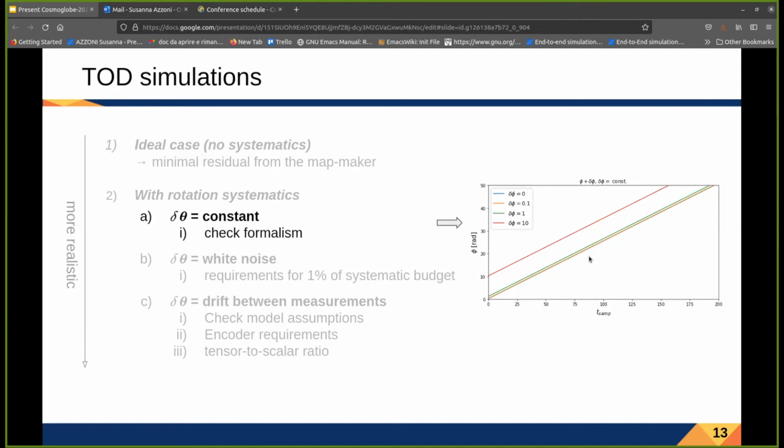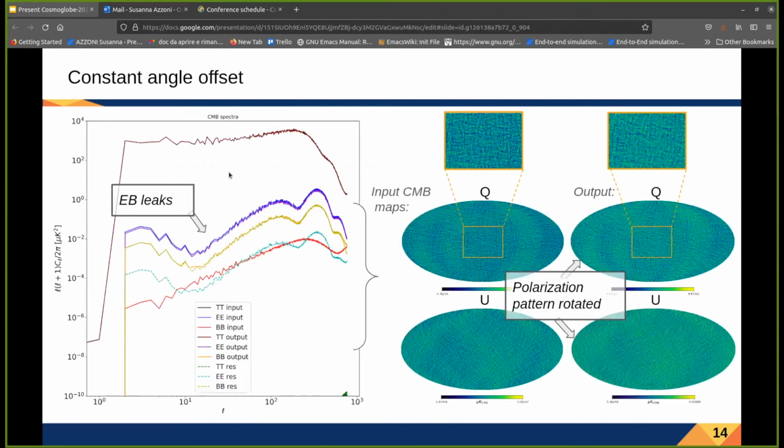In this way, we include this polarization systematic rotation, and we see with our model if what we get is actually what we can analytically predict. In this case, we see that the polarization rotation effect that we have in our model is the dominating effect.